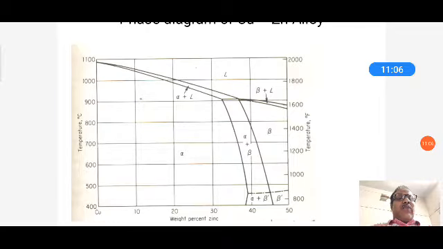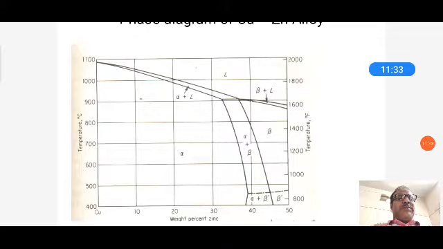So after alpha, up to 36% zinc dissolves in pure copper to form different brasses. Up to 40% zinc is dissolved to form solid solutions, that is the alpha plus beta brasses. More than 40% zinc is not used for applications.